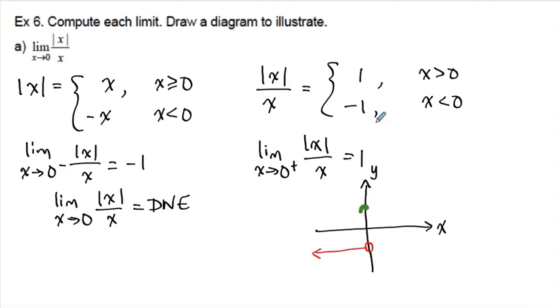I'm going to draw an open circle there, and there's going to be a straight line going towards the right. So that's what this function would look like. And that's why we can see that the limit doesn't exist, because the function as it approaches from the left side is not going to be the same value as the function as it approaches from the right side.